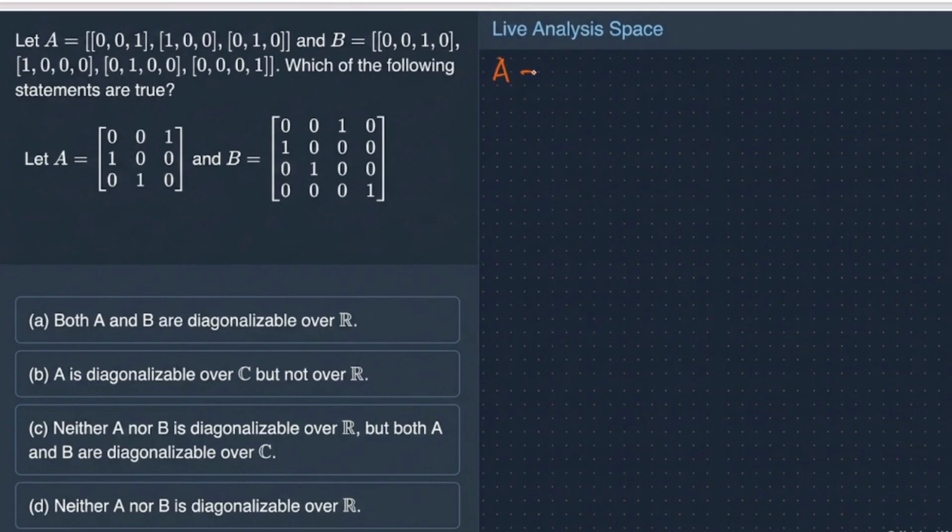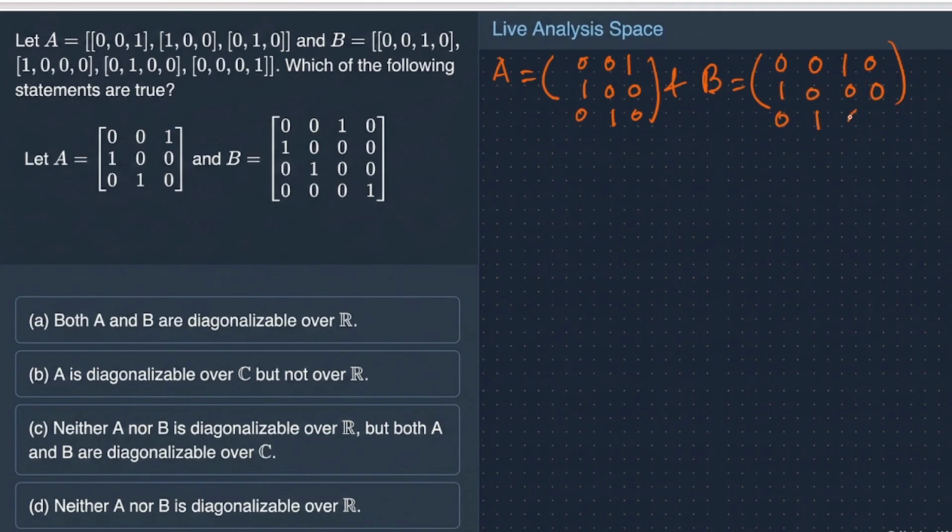What is the matrix? Matrix A is 0, 0, 1; 1, 0, 0; 0, 1, 0, and B is 0, 0, 1, 0; 1, 0, 0, 0; 0, 1, 0, 0; 0, 0, 0, 1.